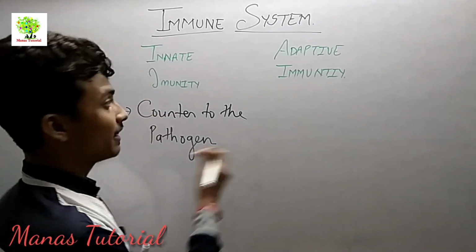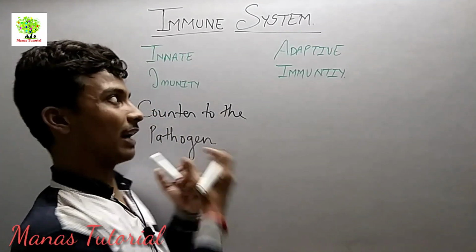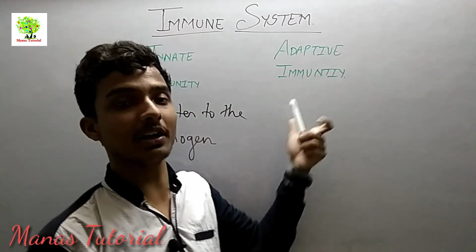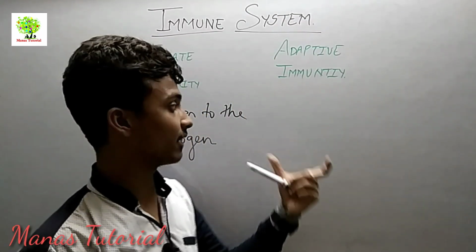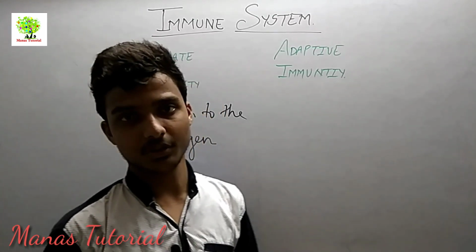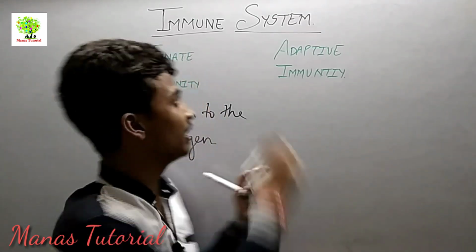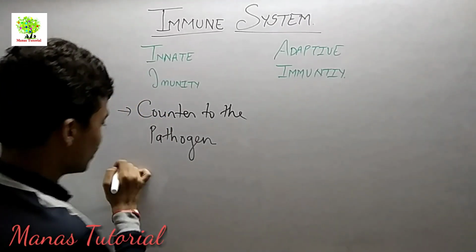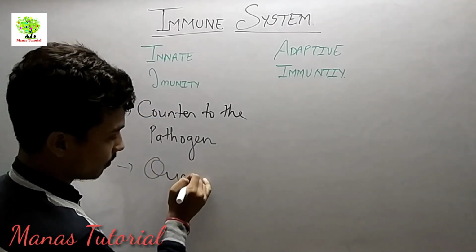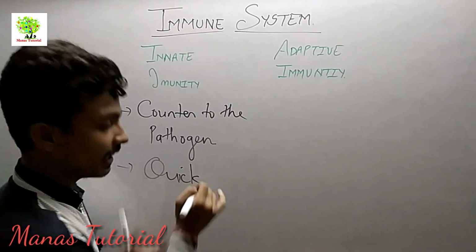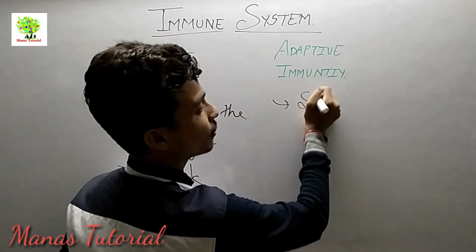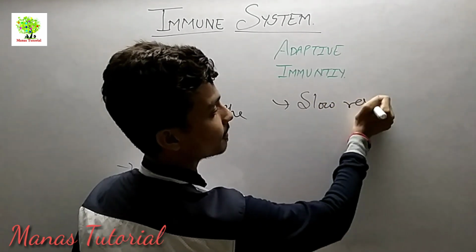There are some advantages and some disadvantages of innate immunity, and similarly some advantages and disadvantages of adaptive immunity. First, we are comparing adaptive and innate immunity. Innate immunity is a very quick response, while adaptive immunity is a slow response.